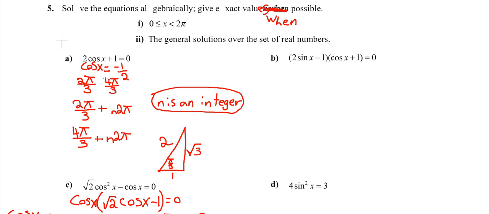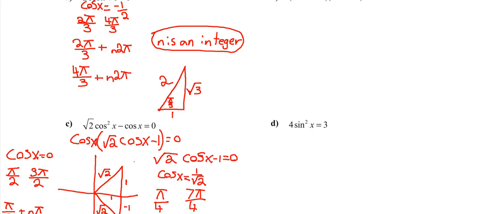So then we take those two answers and we do 2 pi over 3 plus n2 pi and 5 pi over 3 plus n2 pi. Some people like to write it differently, like 2n pi or 2 pi n, but I prefer it that way. And it's very important to say n is an integer, so it has to be a full revolution.